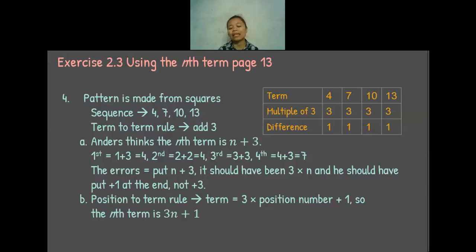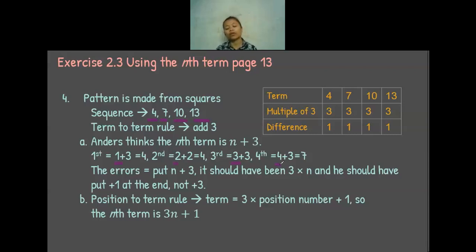How to check it? You can replace the letter n with whatever term we want to check. Here we have the first term, second term, third term, and also the fourth term. That's why I replace the letter n with 1, 2, 3, and 4.